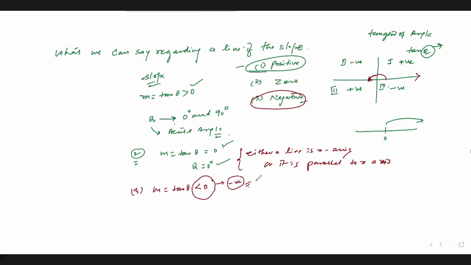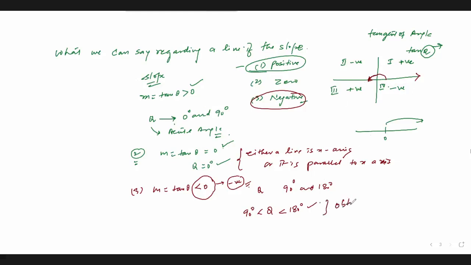So I can comment here that my angle theta can be between 90 degree and 180 degree. That means theta is greater than 90 degree and less than 180 degree. So if a line has a negative slope, it makes an obtuse angle.